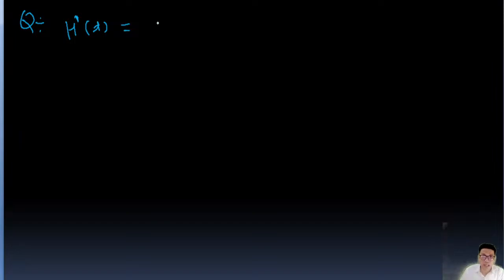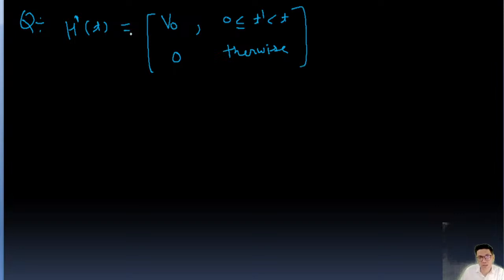H dash t is given as V naught when t dash is between 0 to t, and 0 otherwise. So here you can see H dash t is V naught, which is constant, meaning independent of time. So we can say it is a constant perturbation.